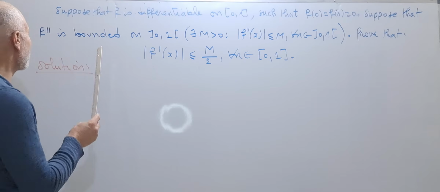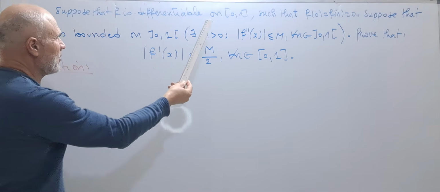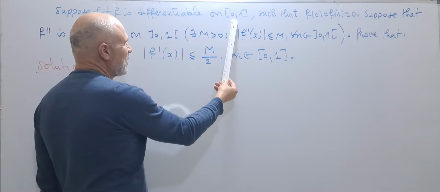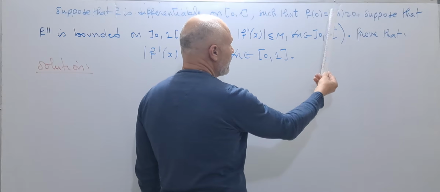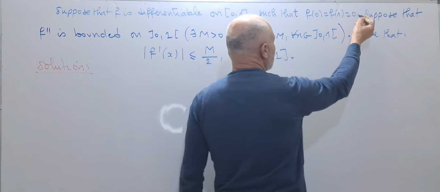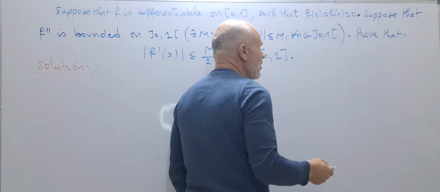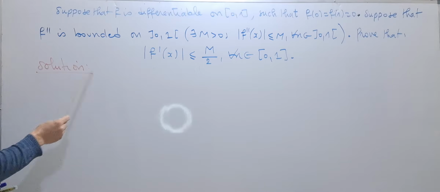So the exercise: suppose that f is a function which is differentiable on the closed interval [0, 1], such that f of 0 equals f of 1, and this is equal to 0. Suppose that f twice prime is bounded on [0, 1].